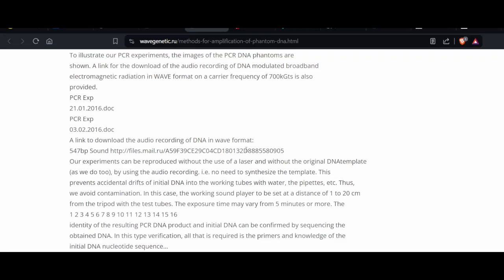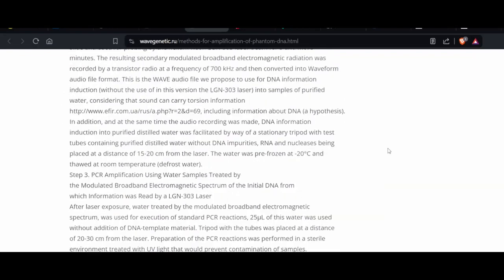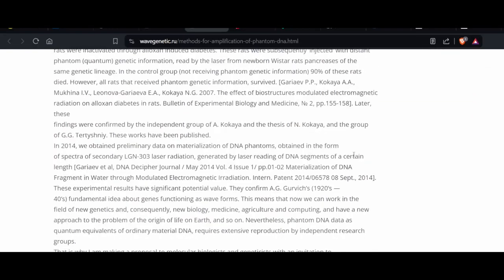I think this one was more just instructions on how to do it. I don't see the link for the actual results. I did find it in some paper, but I just don't have the link for it on me at the time.